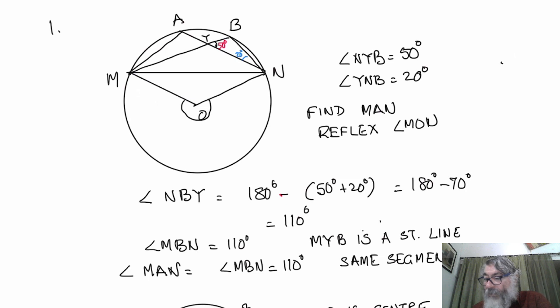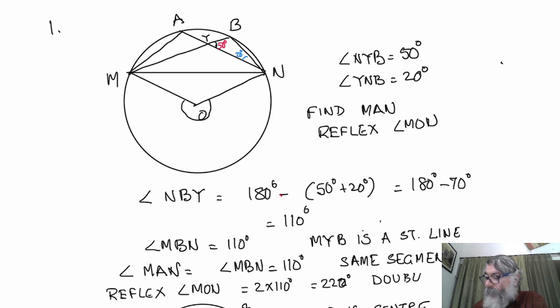So how will I calculate the value of reflex angle MON? Reflex angle MON will be 2 into 110 degrees, that is 220 degrees, by the double angle property.